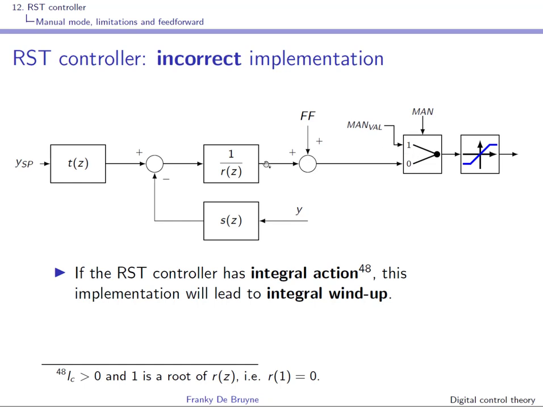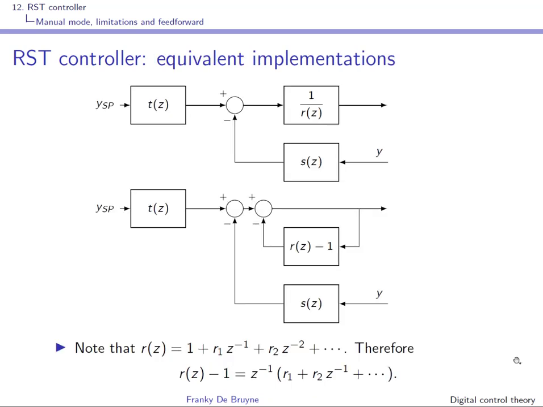So what is being computed is not applied on the system, and this can therefore lead to integral windup. This is something that we had encountered also for the PI controller. Well, in order to come up with a solution, observe the following equivalent implementation.